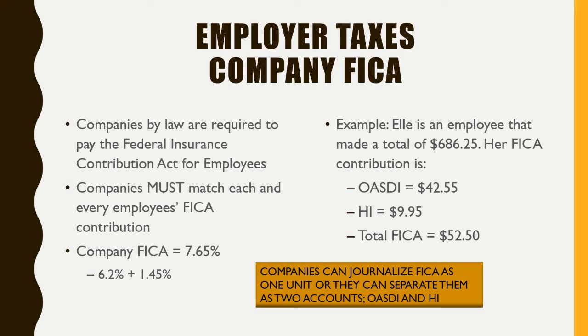So whatever we calculated for her Social Security and Medicare is what we are going to be matching 100%. So in this case, for Social Security, it was that $42.55 plus the $9.95 to give us a grand total $52.50 worth of company FICA, right? So again, it is our responsibility that we match 100%. Okay?